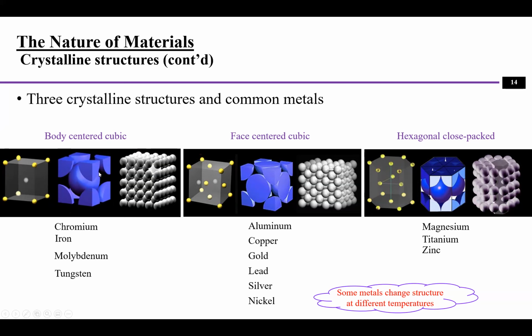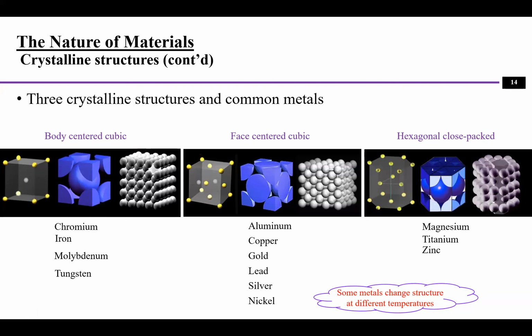When it repeats, you will see a more tightly packed structure for these materials. Typically body-centered cubic structures have a higher strength and also higher melting temperature. Some examples are chromium, iron, molybdenum, and tungsten. As you can see, some of these materials are often used in making really hard tools.